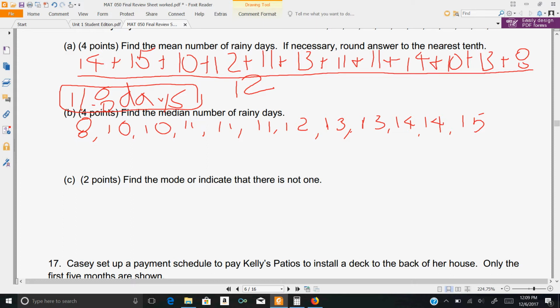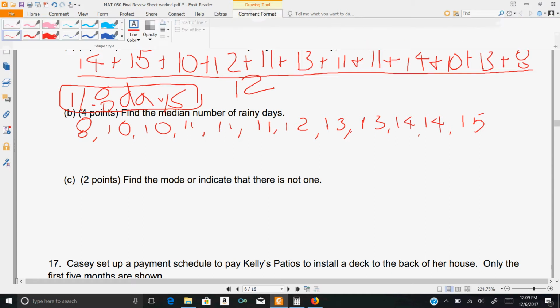I'm pretty sure that's my highest number. I'll check again, yeah. So I should have everything. I'm going to count again. 1, 2, 3, 4, 6, 7, 8, 10, 11, 12. I do have 12.